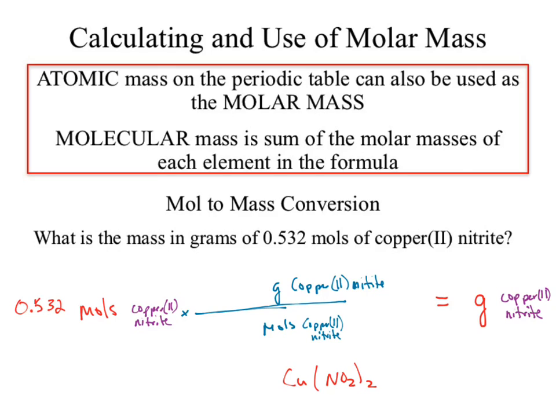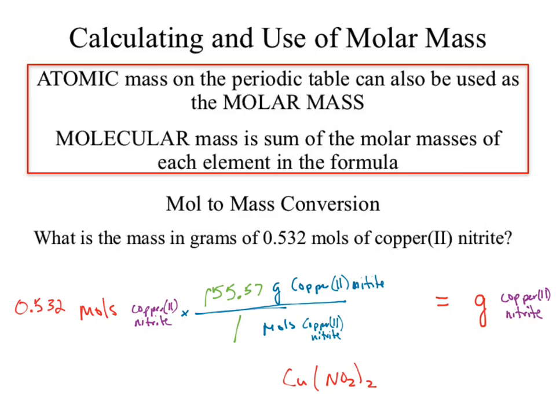155.57, wrong. 155.57 grams per mole, still wrong. I said still wrong. 155.57 grams of copper 2 nitrite is... nitrite is what? 1 mole of copper 2 nitrite.